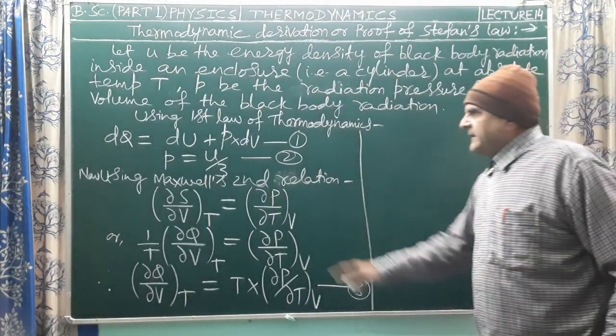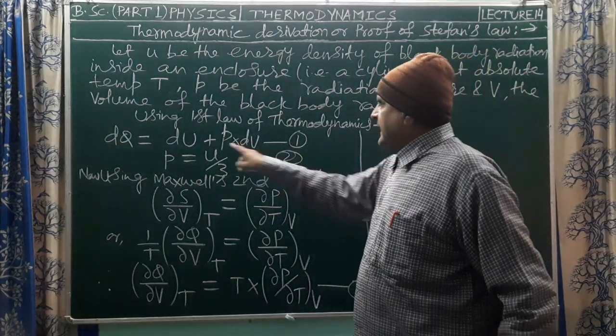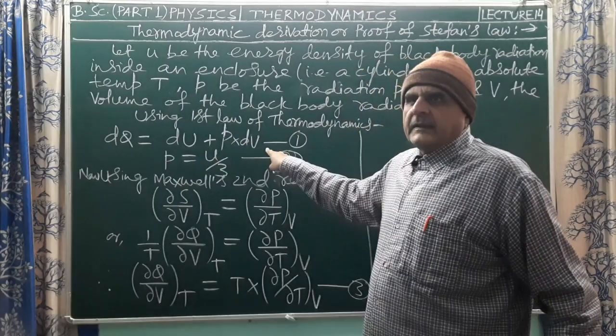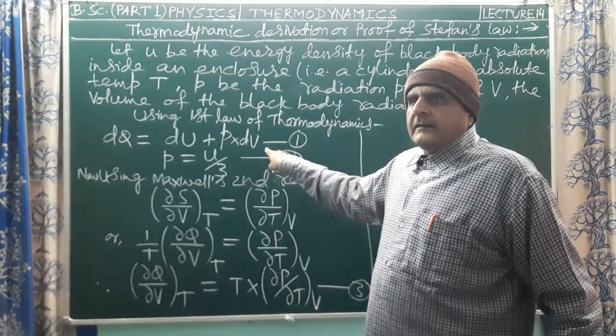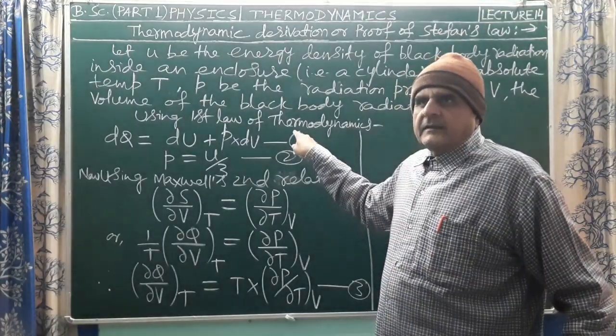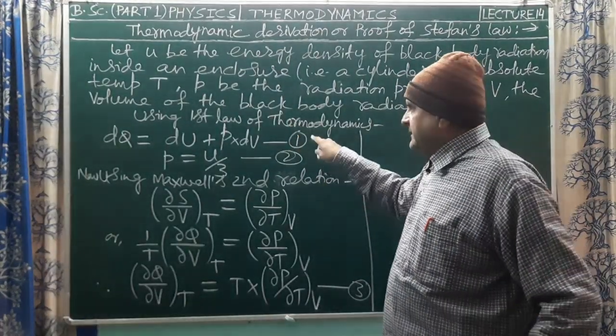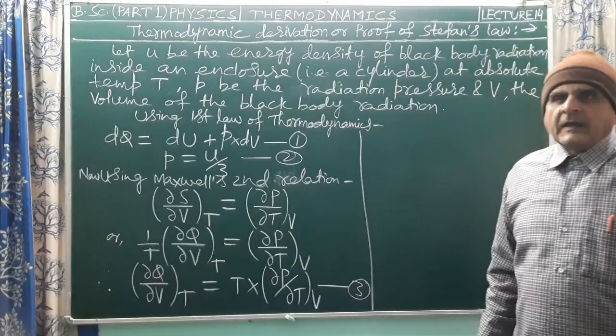Now in place of del Q we can write del U plus P del V using equation 1, which is the first law of thermodynamics.